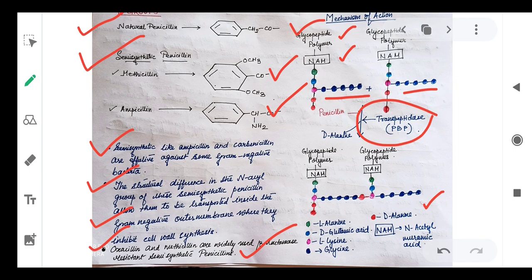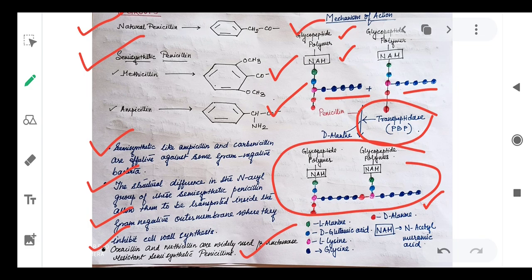Penicillin binding protein will bring about transpeptidation, and once this is established, there will be cross-linking between the monomers, and you will have synthesis of the peptidoglycan, the cross-linking of the peptidoglycan monomers resulting in strengthening of the peptidoglycan cell wall.